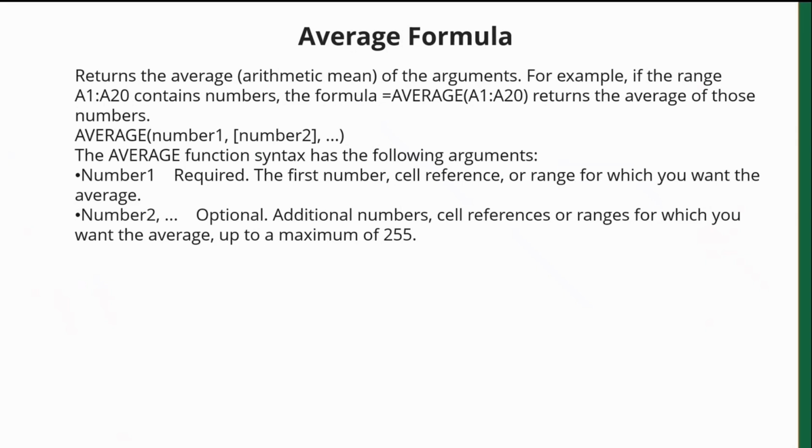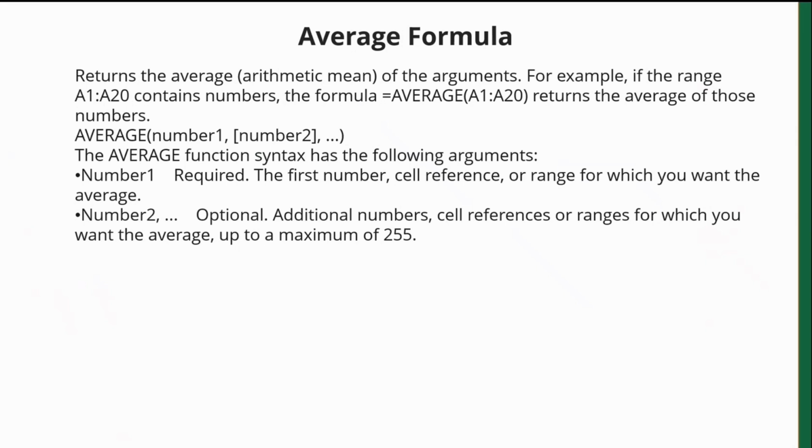Now, for the average syntax, for example, in addition, we use sum. But for average, we write average, right? So that means that you get to know the arithmetic mean. For example, if the range A1 to A20 contains numbers, the formula will be average A1 to A20.